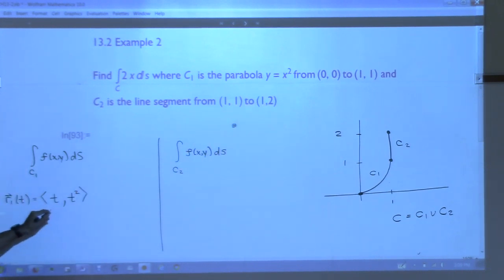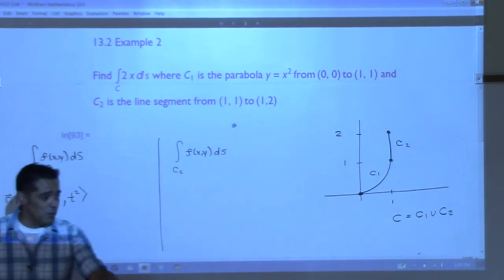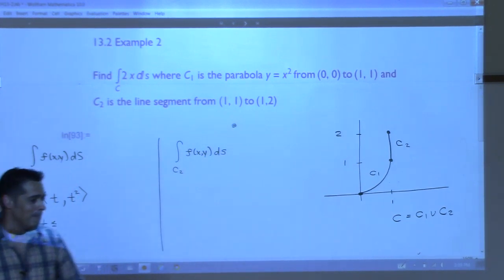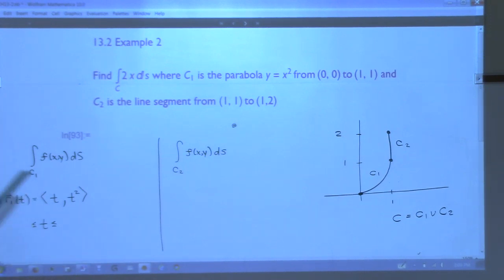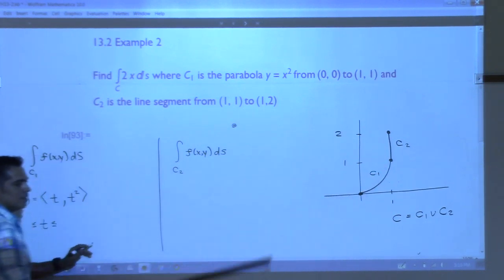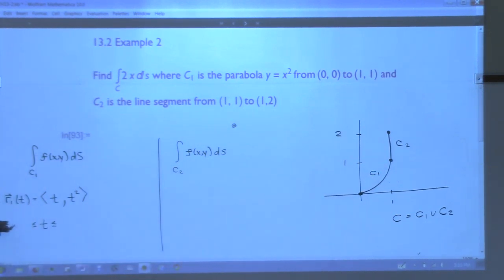Now you need to give me some restrictions on t here in order for this to happen. So if I want my restrictions to draw me just this, just visually looking at this, what would t have to be to go from 0, 0 to 1, 1?